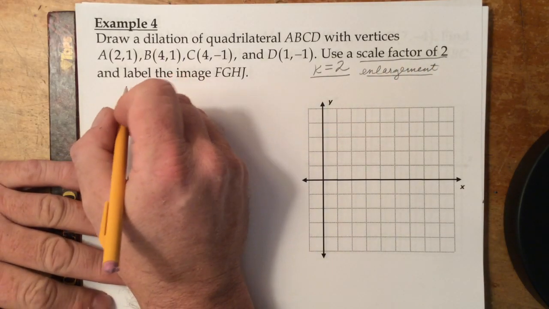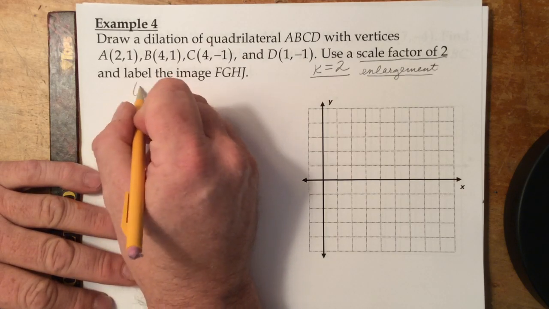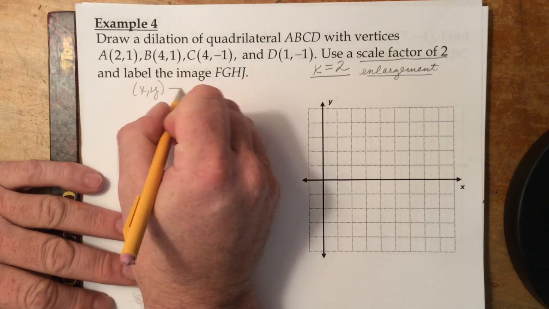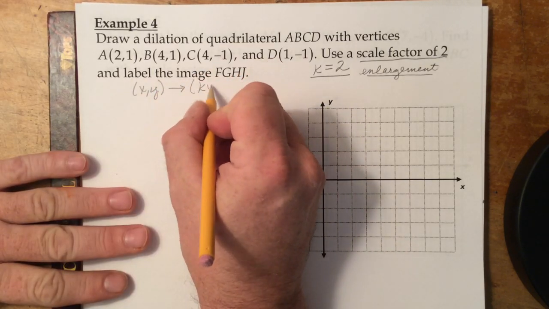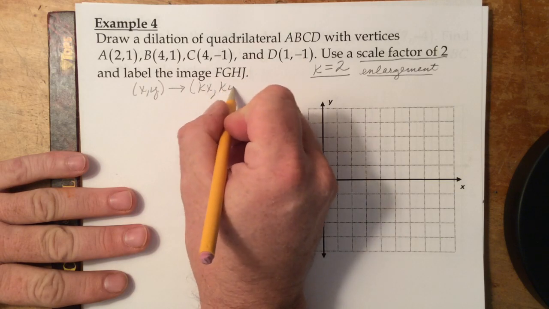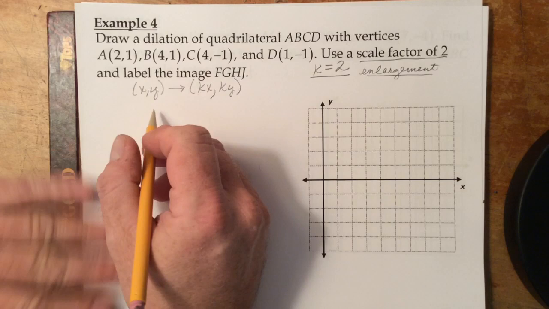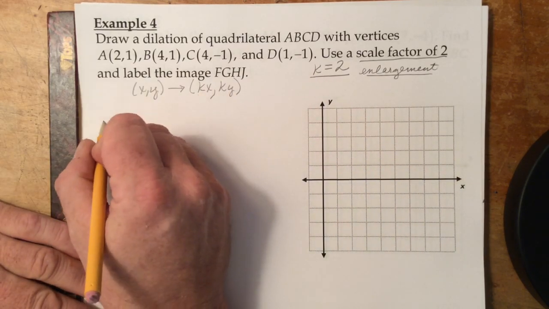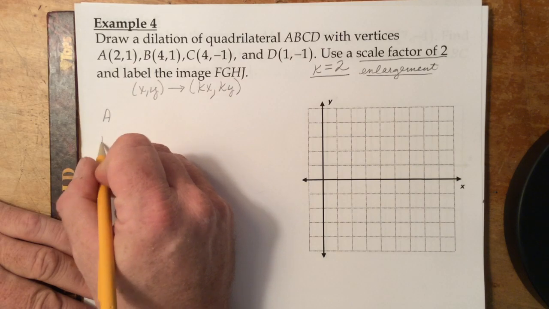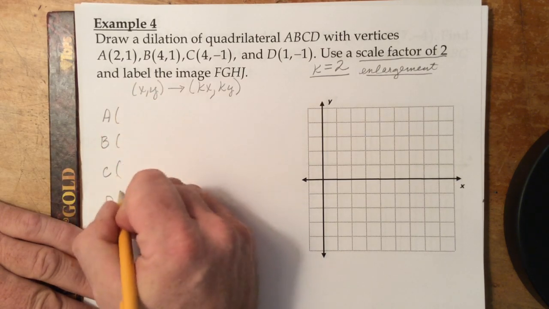So, the rule for dilations, whether enlargement or reduction, is (x, y) goes to (kx, ky). So K always multiplies with the x and y coordinates. Since K is 2, we use 2 here and here. So we take the ordered pairs A, B, C, and D. We graph them.